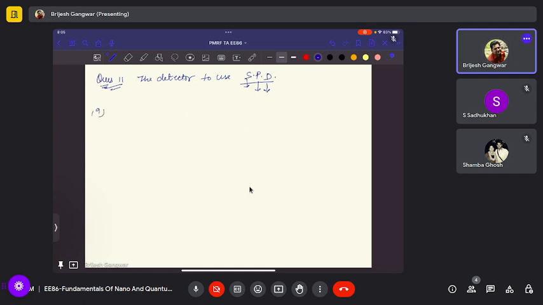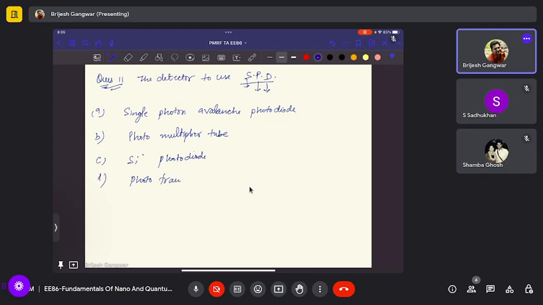So the options are: A is single photon avalanche photodiode, B is photomultiplier tube, C is silicon photodiode, D is phototransistor, E is photoconductive detector, F is volumetric.